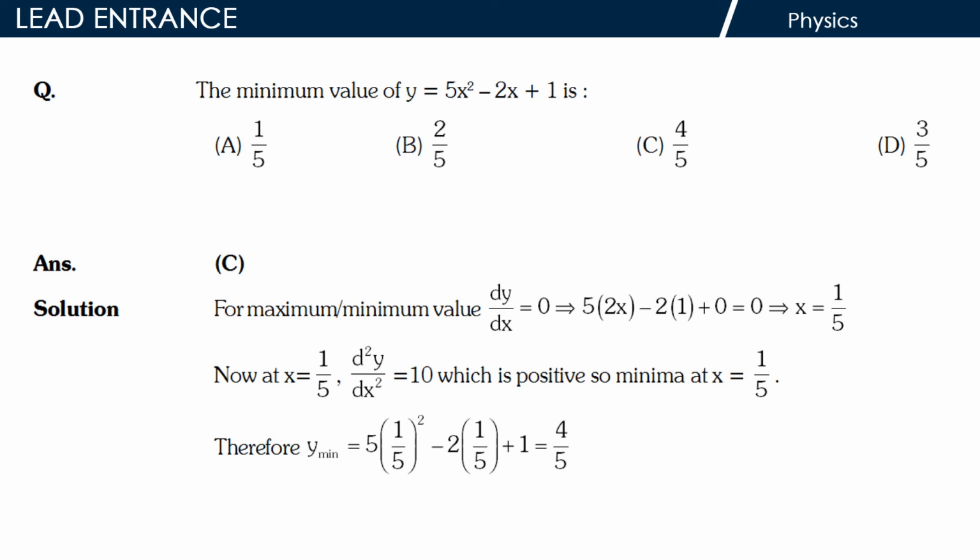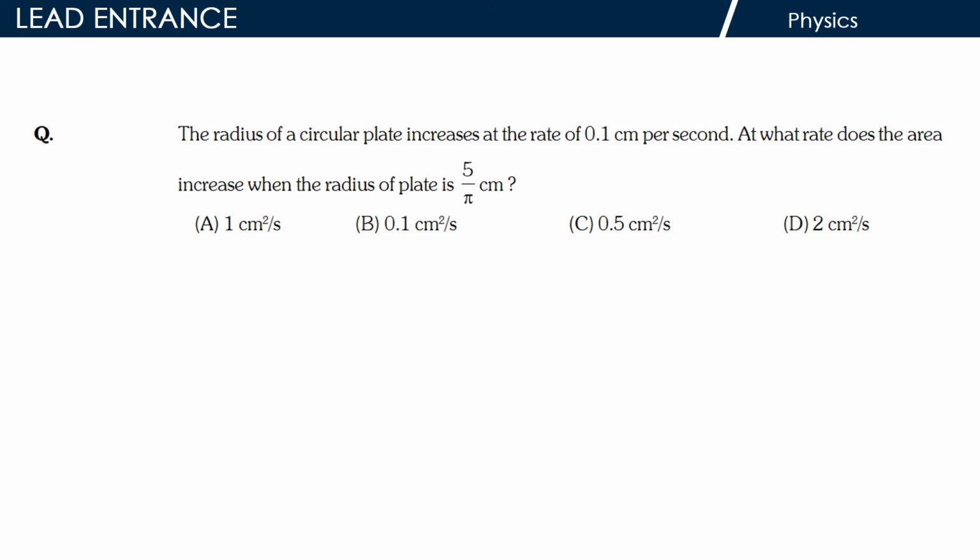Therefore y min is equal to 5 into (1 by 5) whole square minus 2 into 1 divided by 5 plus 1, which is equal to 4 by 5. Final answer is C.